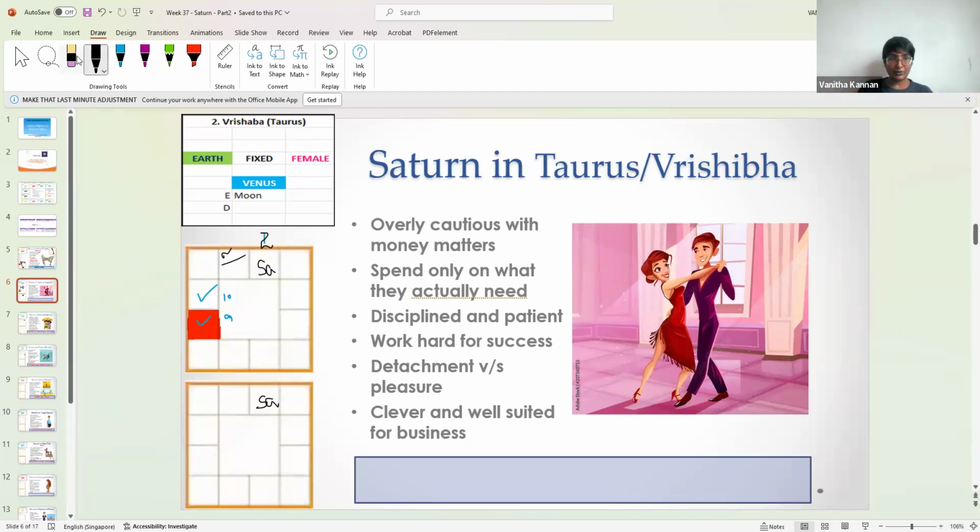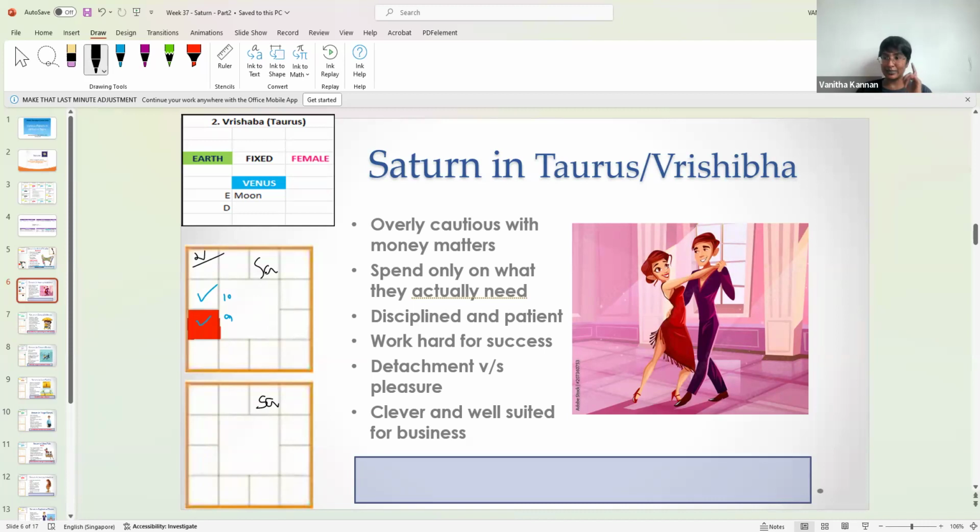And now the story goes to when Saturn is in the third house. Sorry, my mind goes somewhere else. Meena Lagna. Then the third house is the Rishaba.